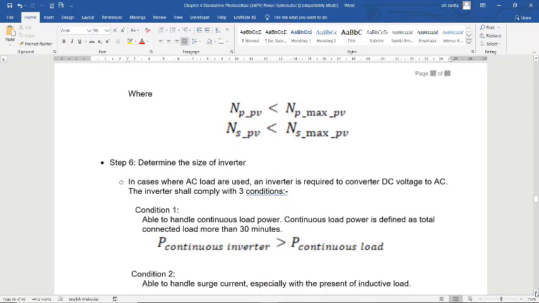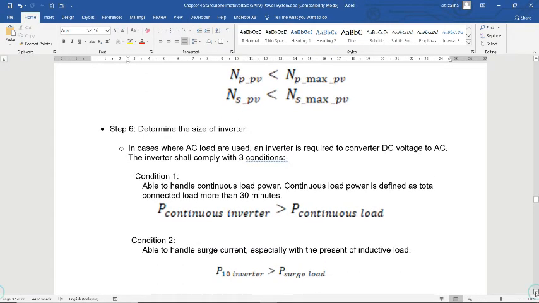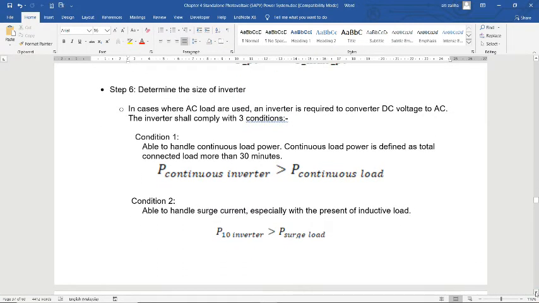Now we proceed to determine the size of the inverter. So in cases where AC load are required, you need the inverter to convert DC to AC. So the inverter should comply with three conditions.